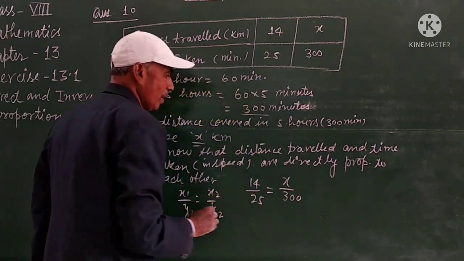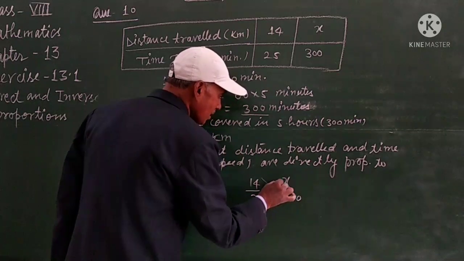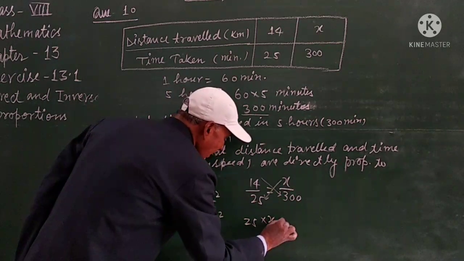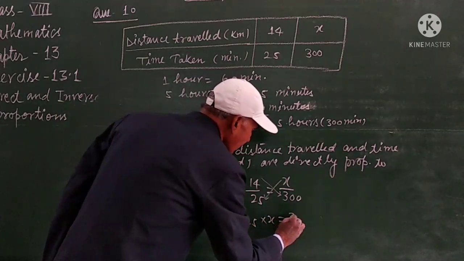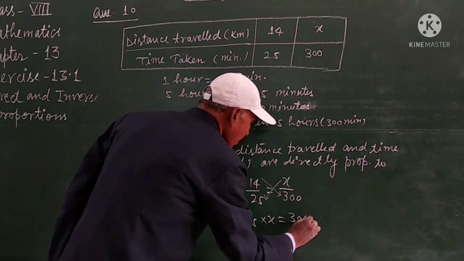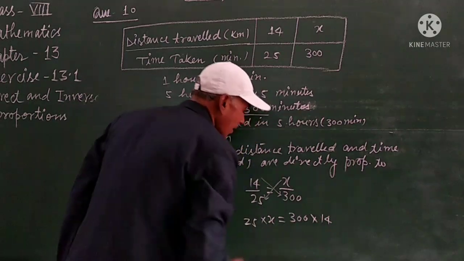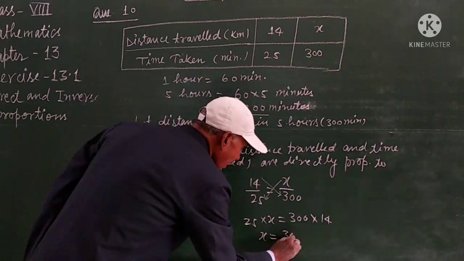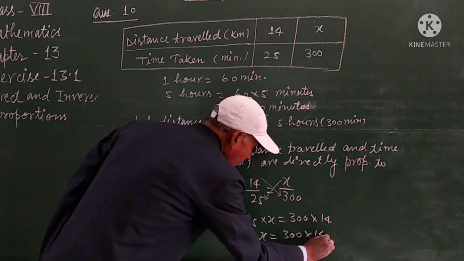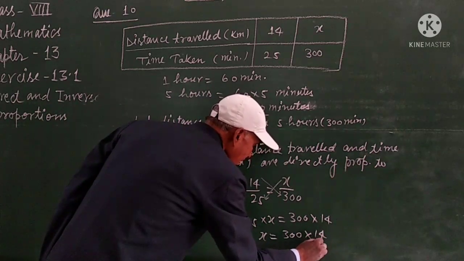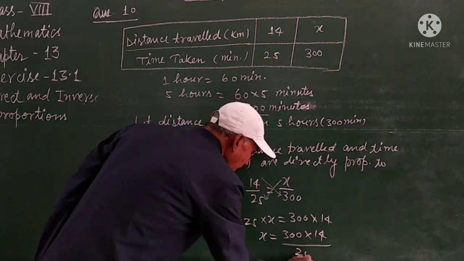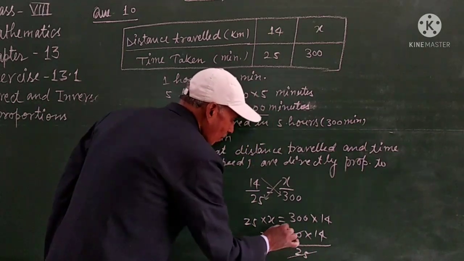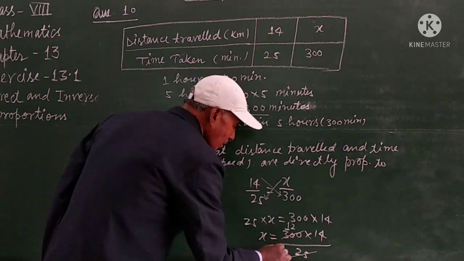Now by cross multiplication, 25 into x is equal to 300 into 14. So x is equal to 300 into 14 divided by 25. So 25 1s are 25 and 25 12s are 300, this one 12.